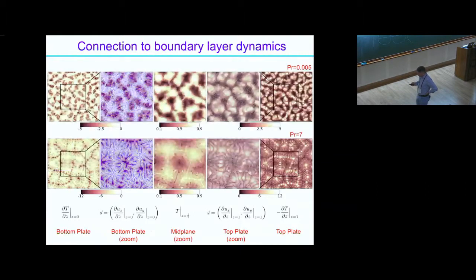We also try to connect the structures that we observe in the midplane to things that are going on in the boundary layers. So this is a sequence of figures for the lowest Prandtl number, 5 × 10⁻³, and this is for Prandtl number 7. You see the temperature derivative at the bottom plate in these two figures, at the top plate in these two figures.